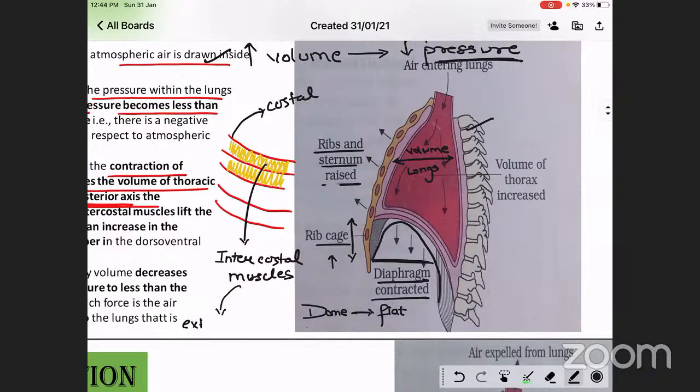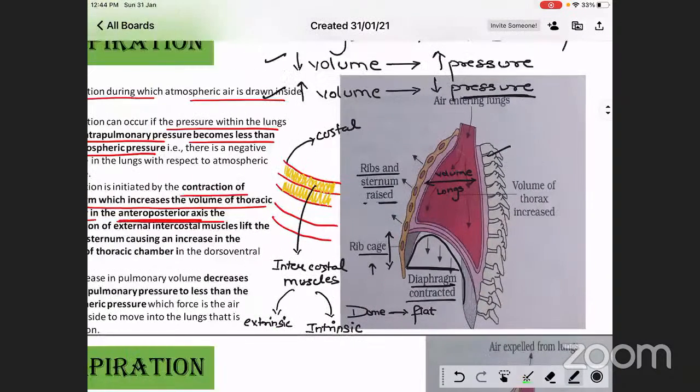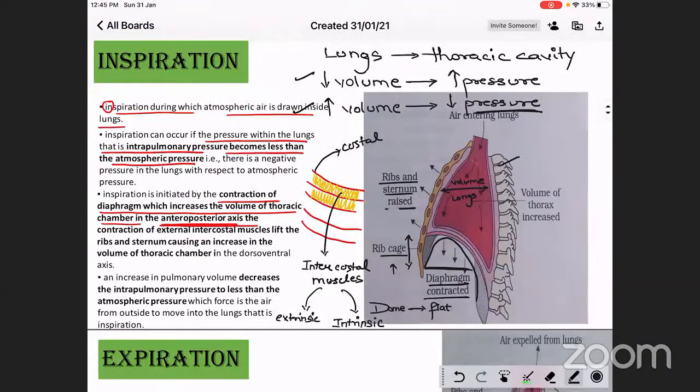One is extrinsic, present outside, and one is intrinsic. Or you can say external, if present outside, and internal, if present inside. So external intercostal muscles and internal intercostal muscles.